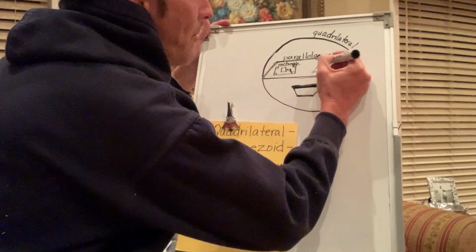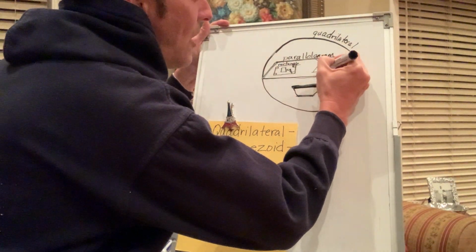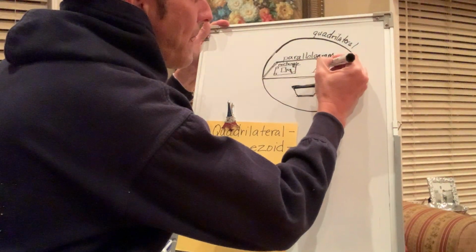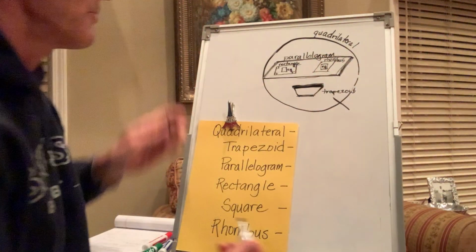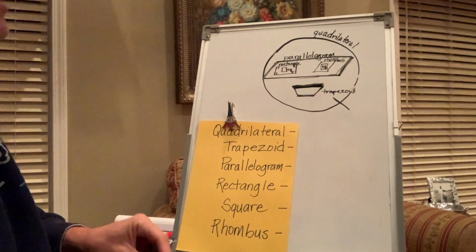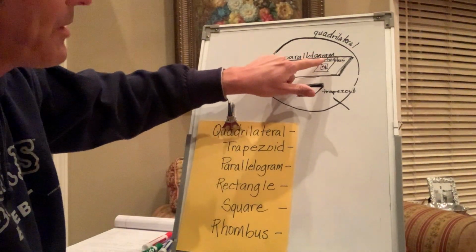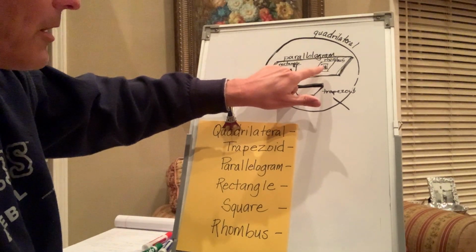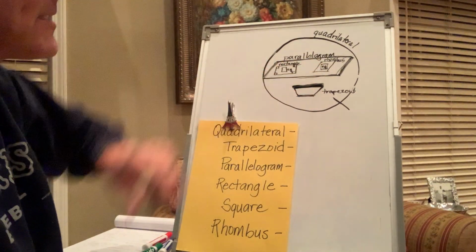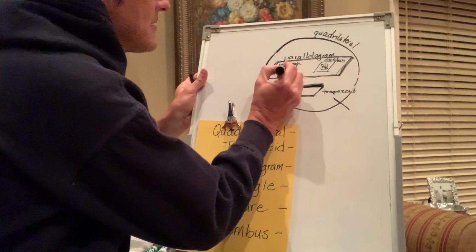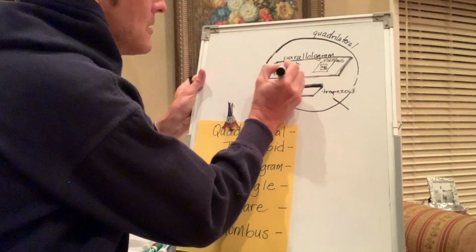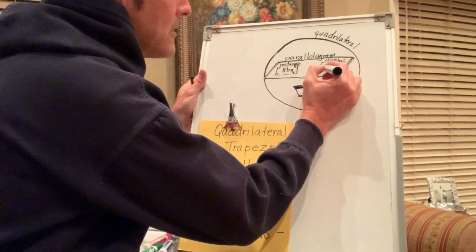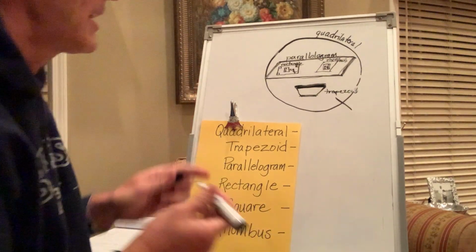And then inside the rhombus, you draw a square. SQ, I'm just going to abbreviate it. A rhombus is a parallelogram with 4 equal sides. Well, a square is a parallelogram with 4 equal sides, but it has to have the right angles in it. So I should at least draw a couple of those in there. All 4 of them are right angles.